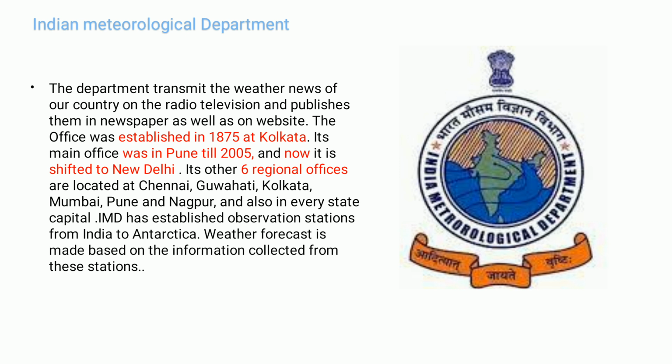Its main office was in Pune till 2005, but now it has shifted to Delhi. This department has six regional offices located at Chennai, Guwahati, Kolkata, Mumbai, Pune, and Nagpur, and also in every state capital.